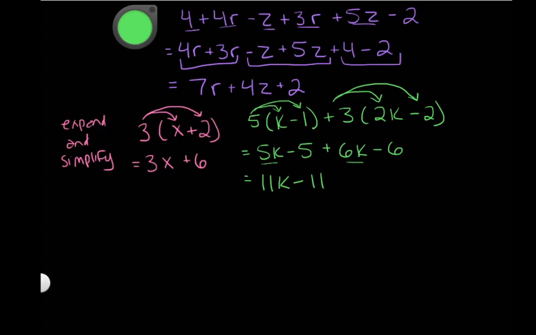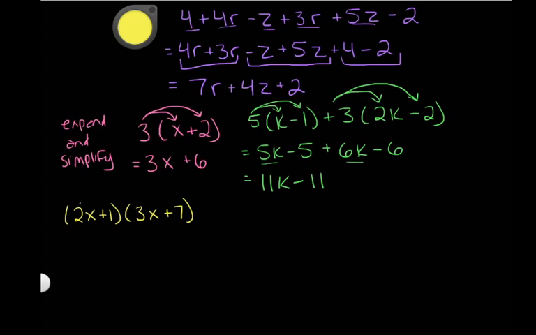Let's do 2 more examples. Another example, we have 2 brackets next to each other. If I have a bracket that looks like this, 2x plus 1 times 3x plus 7, I have to multiply everything inside the first bracket by everything inside the second bracket. Again, I'm going to use the arrows to make sure that I get all of the terms.